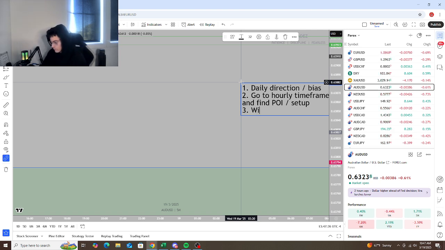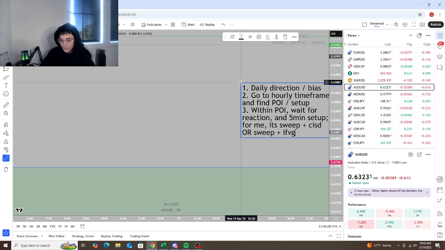Step number 3, within POI, wait for reaction and 5 minute setup. And for me, it's sweep plus CISD or sweep plus IFVG.